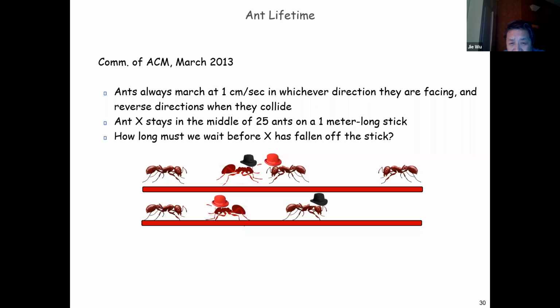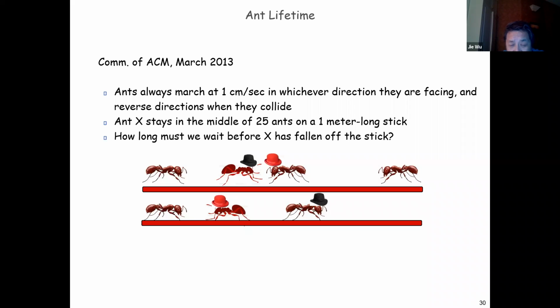It turns out to be very difficult if you solve it directly, no matter what method you use. I don't know, maybe someone can come up with a very nice mathematical tool to solve it. You have to introduce 25 parameters, make some assumptions, then do some calculation. But in reality, if you change the problem a little bit, you just assume that each ant has a hat with a different color. When two ants meet, they exchange their hats.